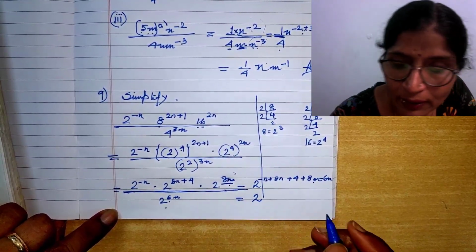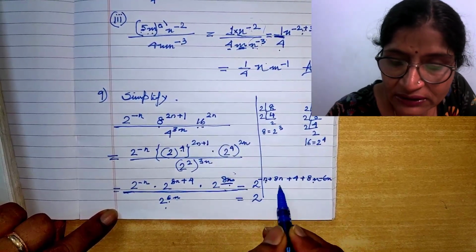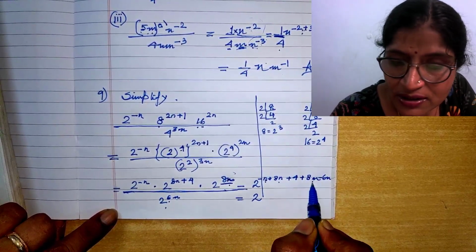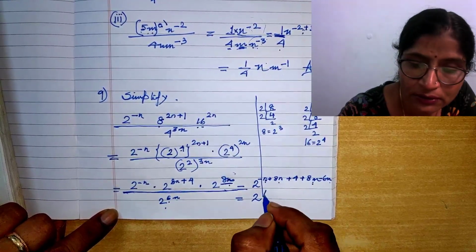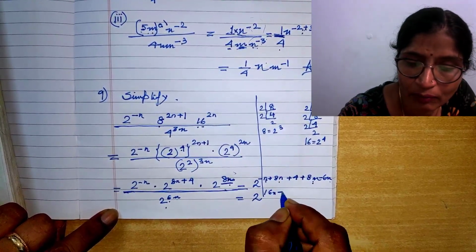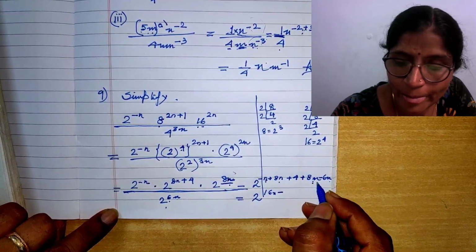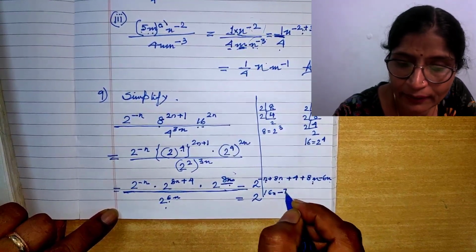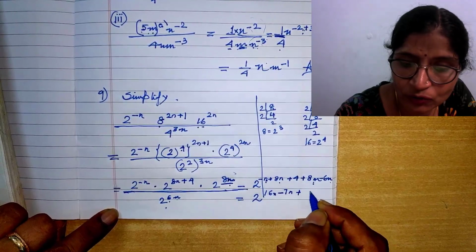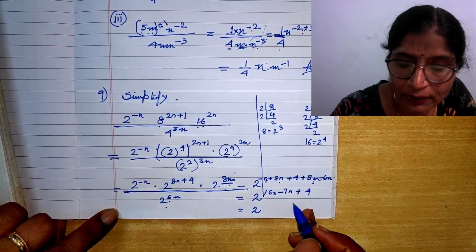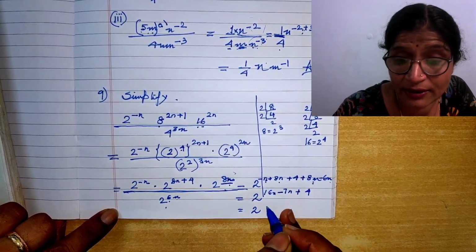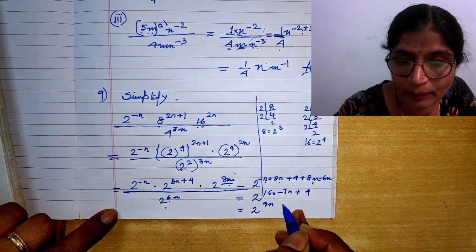2 to the power minus n plus 8n plus 8n is 16n, minus 7n plus 4, and that is equal to 2 to the power 16 minus 7 is 9n plus 4.